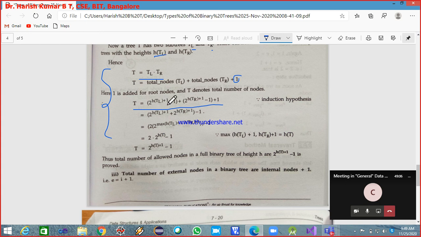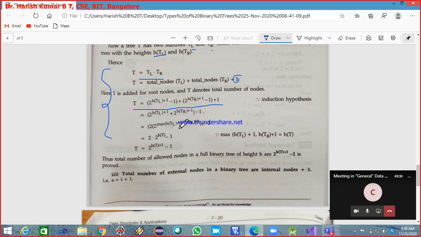So it is 2 raised to h of TL plus 1 minus 1, plus again I am finding the total number of nodes in the right subtree by using the height of the right subtree, h of TR: 2 raised to h of TR plus 1 minus 1. Now when you simplify this, I am getting 2 raised to h of TL plus 1 plus 2 raised to h of TL minus 1.